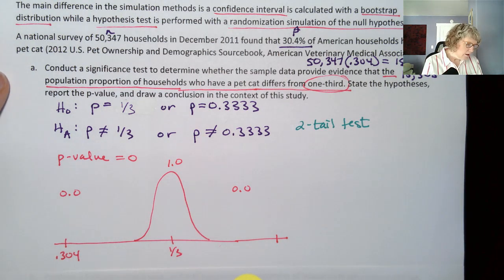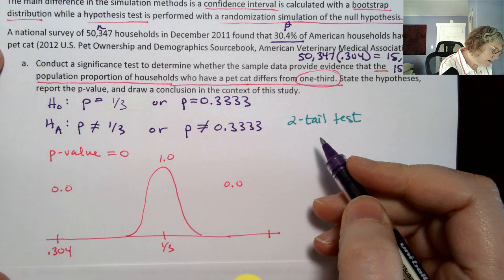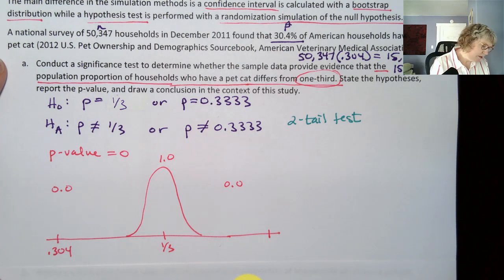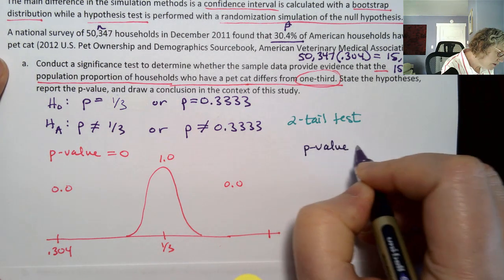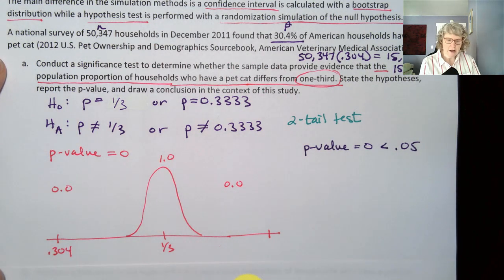Okay, so to finish up our hypothesis test here, we didn't have a significance level, but let's use 0.05. So p-value equals 0, and of course that's less than 0.05. That's less than any positive number.